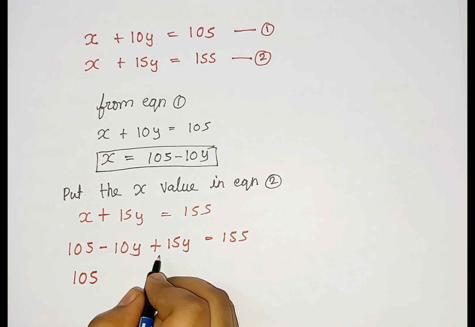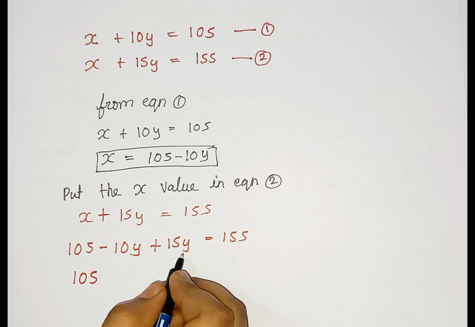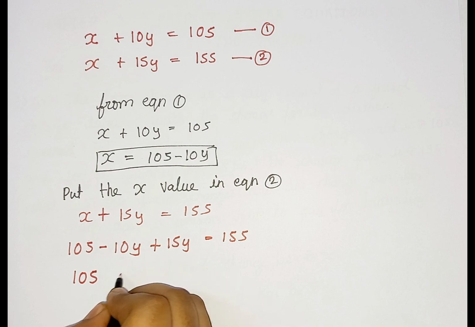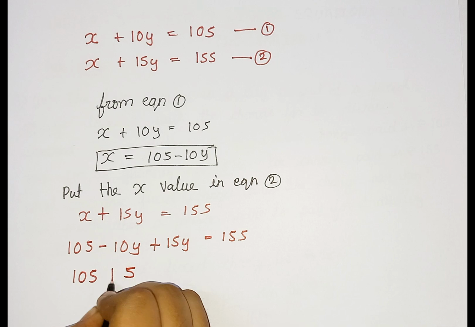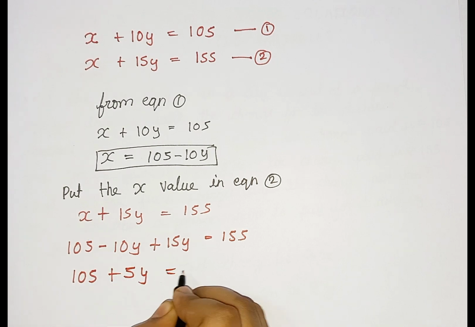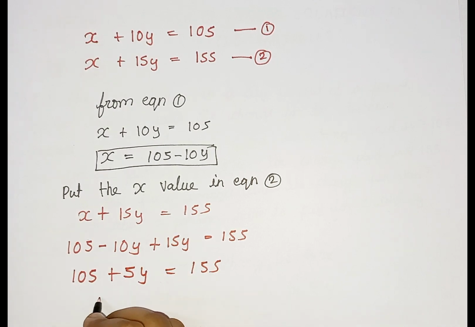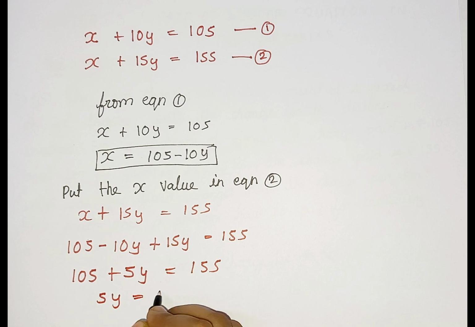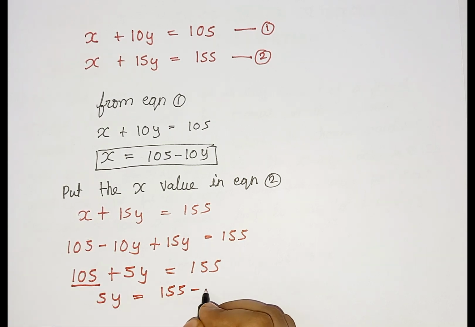Both are like terms, with the variable y. So when we solve it, we get 105 plus 5y is equal to 155. So 5y is equal to 155, and when this 105 comes to the other side, it changes into minus 105. When we subtract, we get 5y is equal to 50.